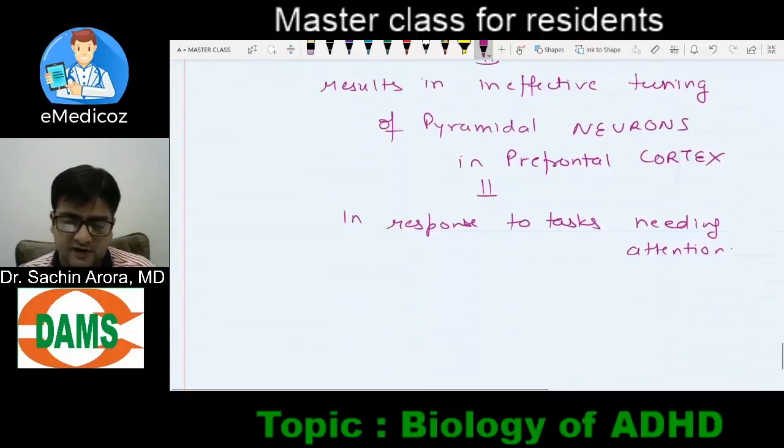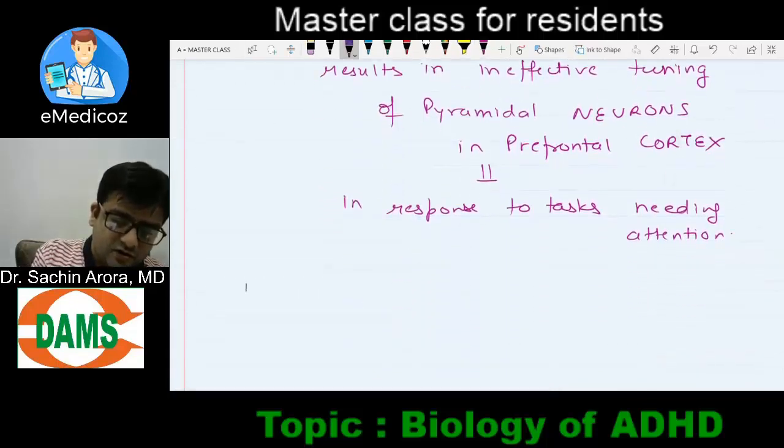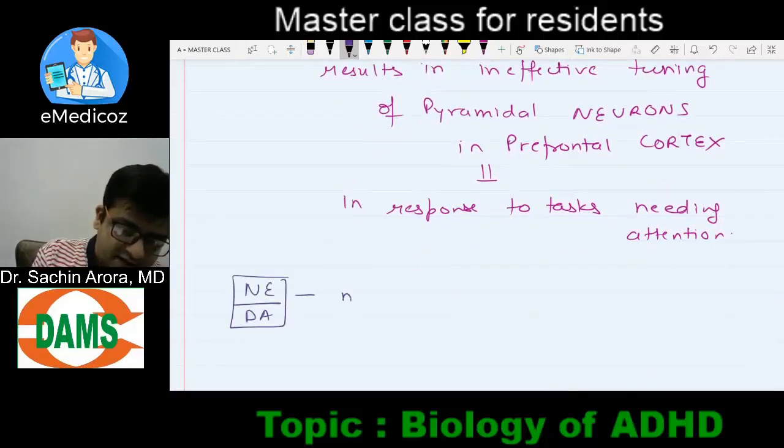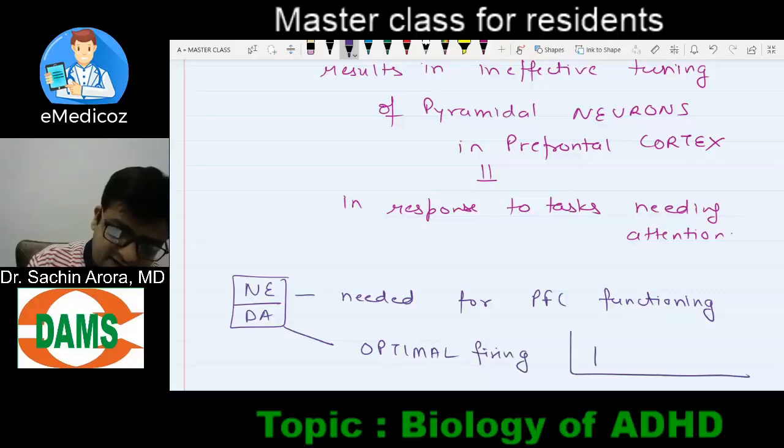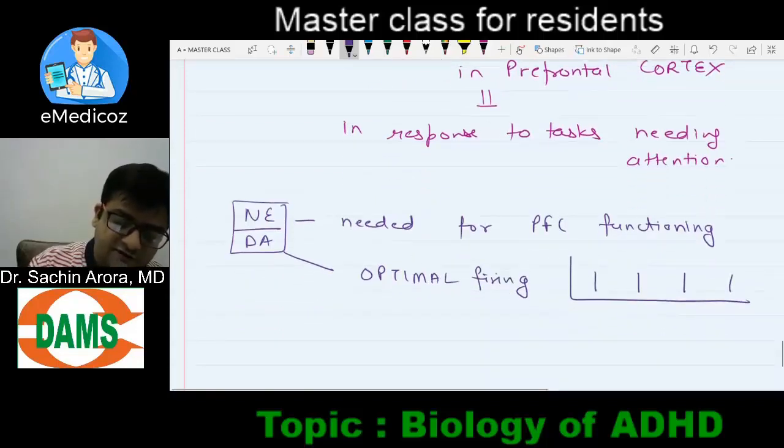What they say is norepinephrine and dopamine are needed for prefrontal cortex functioning, and for norepinephrine and dopamine, optimal firing, meaning tonic firing, leads to optimal function.